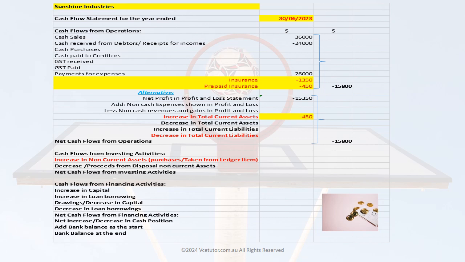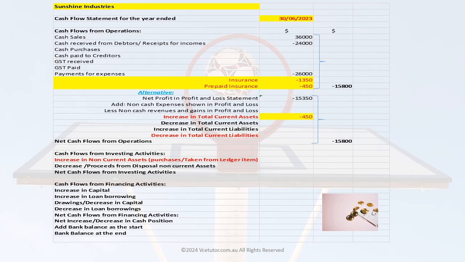GST that we have paid to the tax office, or insurance, or anything, comes as outflow. GST received comes as inflow. Cash paid to creditors comes as outflow. Cash purchases is also outflow. Outflow will be minus. Inflow, GST received, is plus.